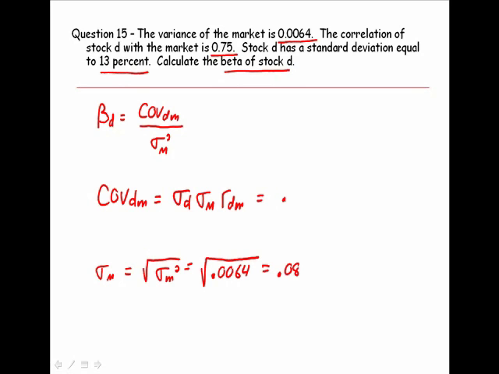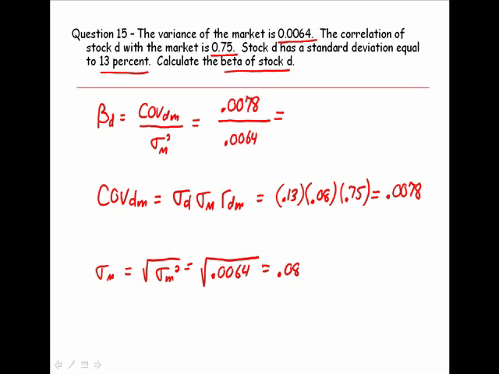The standard deviation of the market, 0.08, and the correlation between these assets is 0.75, giving us a covariance equal to 0.0078. We plug this into our formula for beta, 0.0078 in the numerator. In the denominator, we need the variance of the market, which was given, 0.0064, giving us a beta coefficient of 1.22.